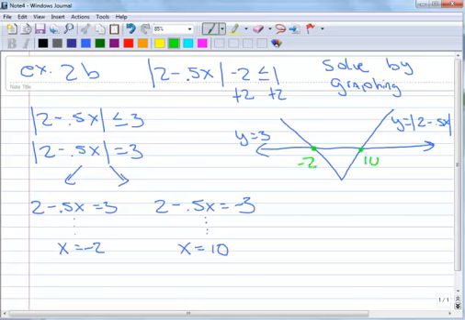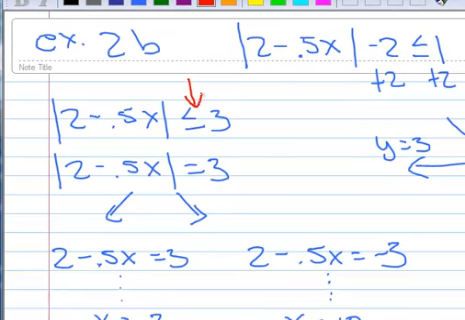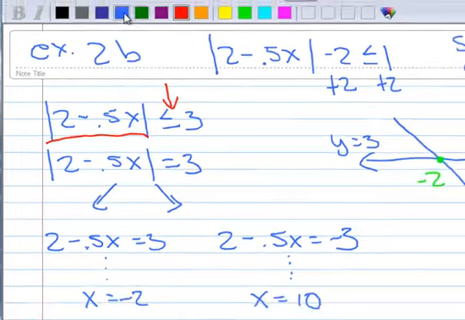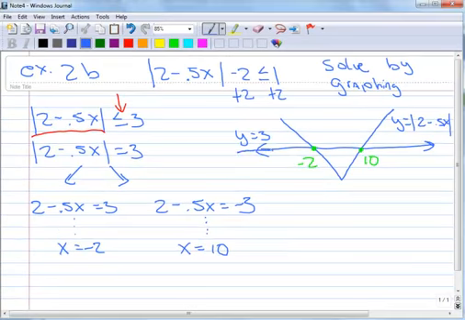So now let's go look at our inequality part. Here's the inequality, and that says, when is the absolute value less than or equal to 3? Well, if this line right here represents y equals 3, then the values above that would be when y is greater than 3, such as 3.5, 4, 5, and so on.